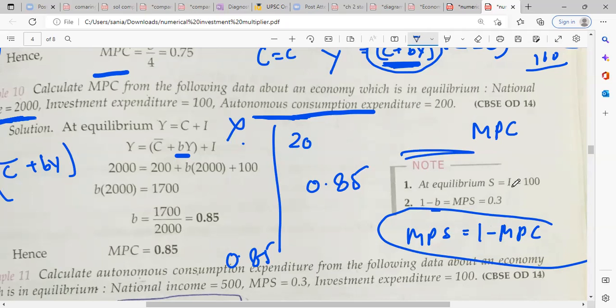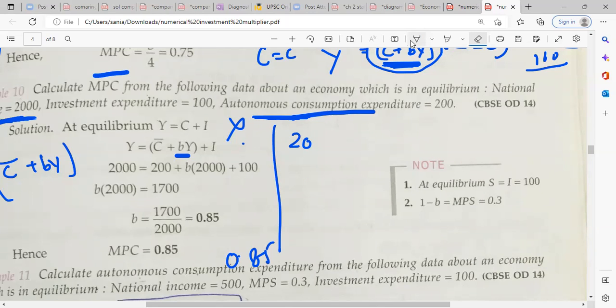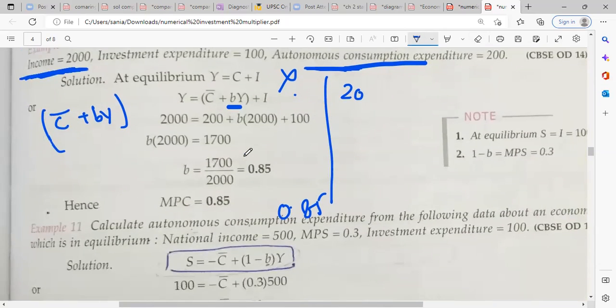For example, at equilibrium S equals this; with the help of S, first you find MPS, and after that you calculate. They have just given you the idea that in case MPS is given, you can quickly subtract it and get the MPS also. So it's not related to that, it's a note basically. Note means you can use this type of formula as well. Okay, got it.